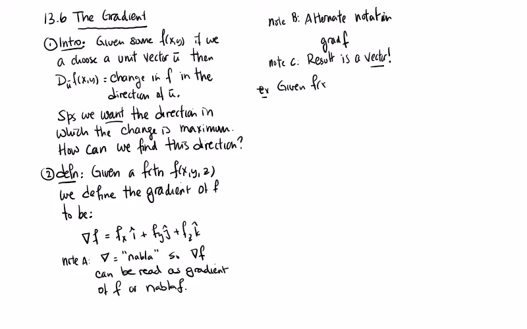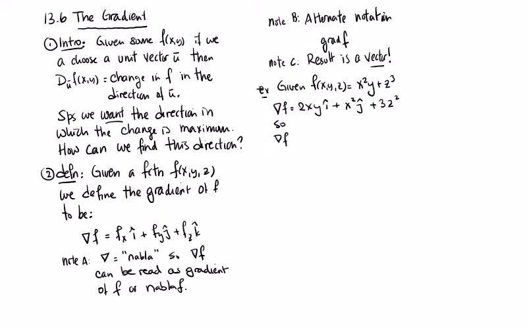Given a function like f of x, y, z equals x squared y plus z cubed, the gradient of f, I just take the partial derivatives, with respect to x, with respect to y, with respect to z. That's the gradient. And then we can plug in points.